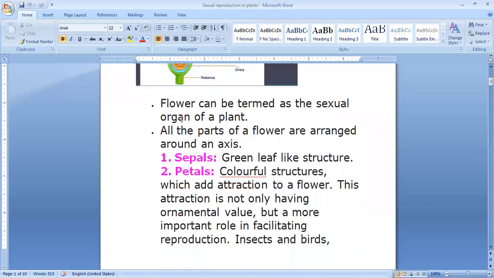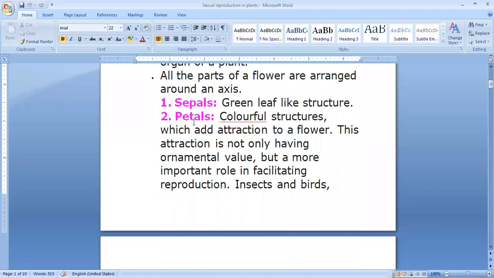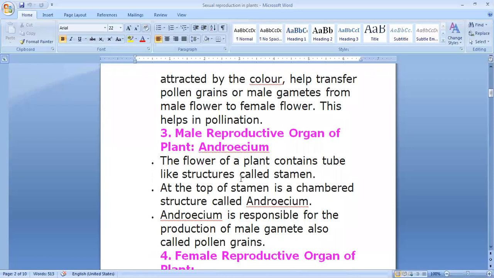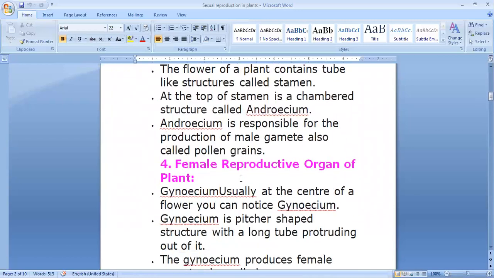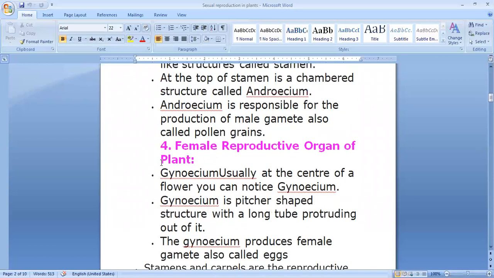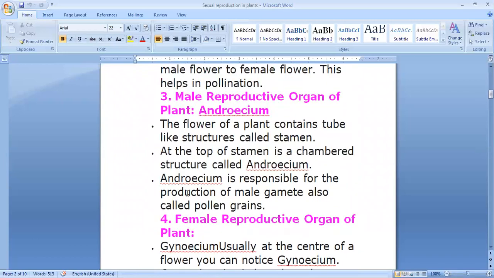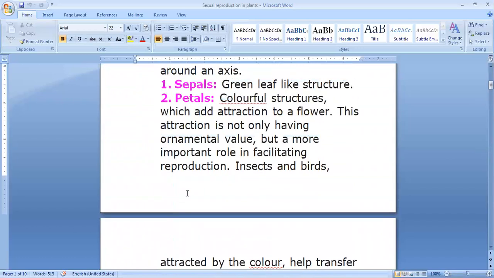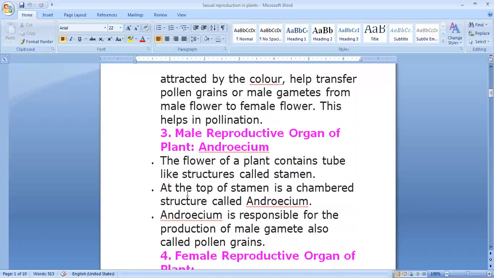So a flower consists of these four parts: sepal, petal, male reproductive part, that is androecium, then female reproductive part, that is gynoecium. If it is having all the four parts, then the flower is known as complete. And if it does not have any one part, then it is called as incomplete flower.